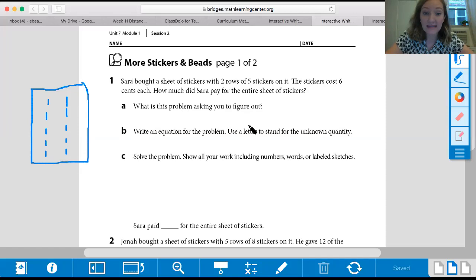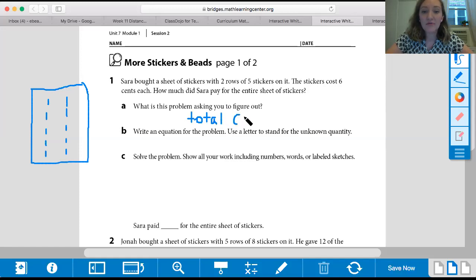No. It's asking how much did she pay for the entire sheet of stickers, right? So the problem is asking me to figure out the total cost. Go ahead and write that down. The total cost. If you need more time to finish your picture, feel free to pause.